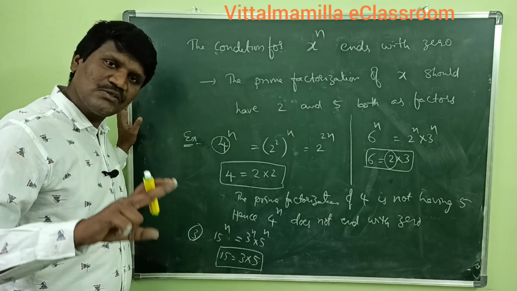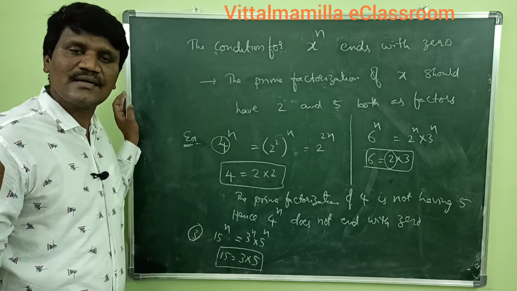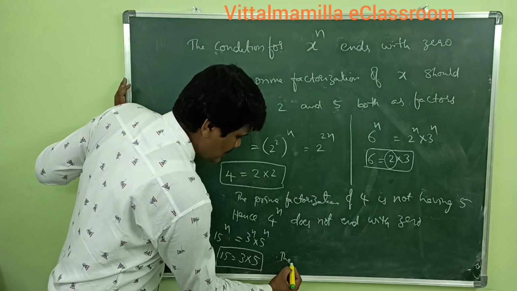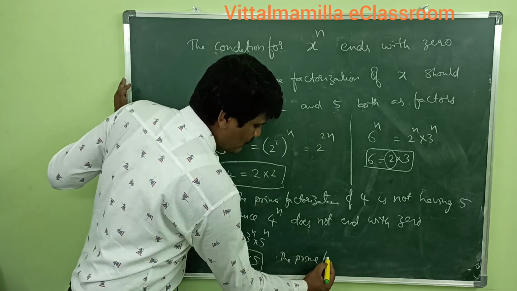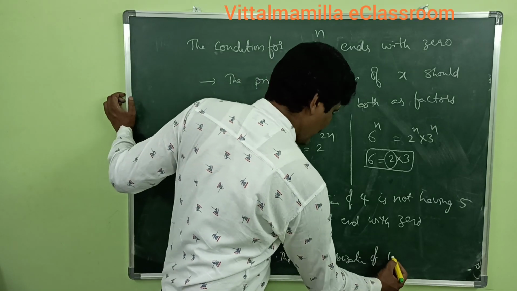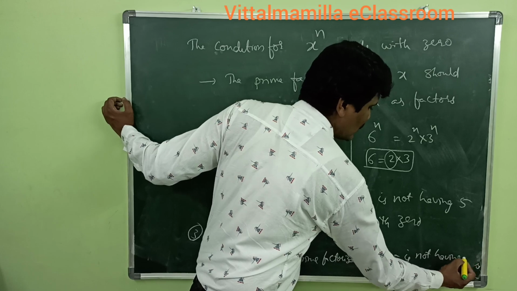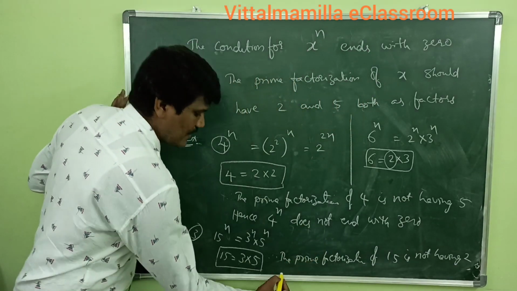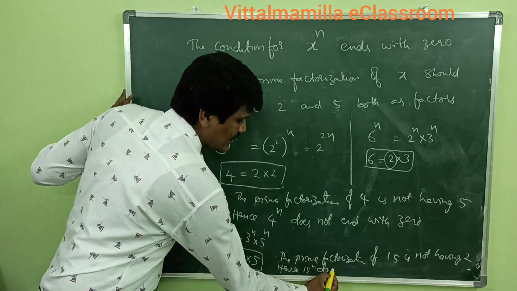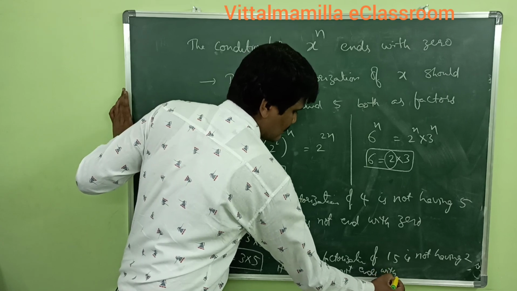It should have both 2 and 5, then only it will end with 0, or else it does not end with 0. Now here I can write the prime factorization of 15 is not having 2. Hence 15 power n does not end with 0.